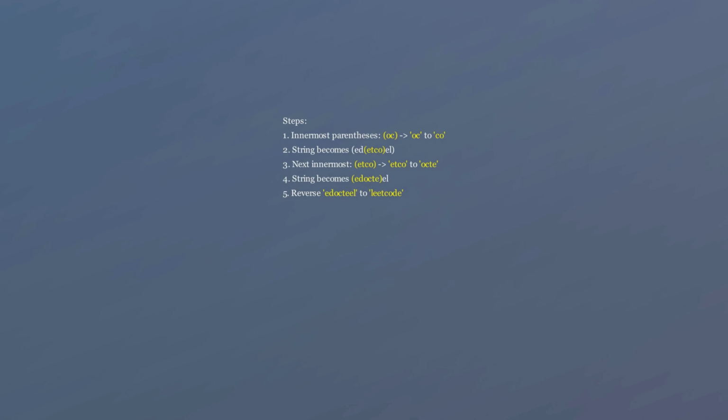Example 3. Input, S equals (ed(et(oc))el). Output, LEETCODE. Steps. First, find the innermost parentheses, which is (oc).